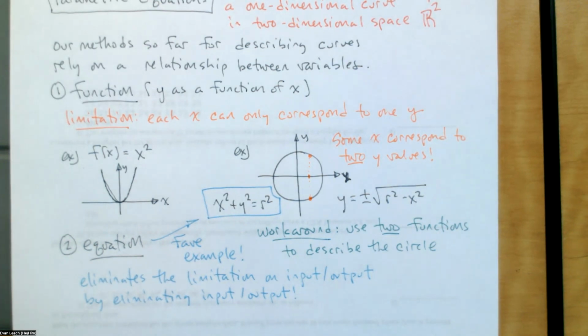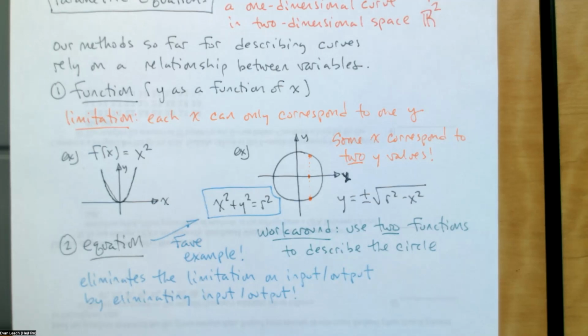We make an equation. So the nice thing is we can take these equations and we can write them as functions as long as we remember that we might not be able to write just one function, like with our circle example. We know that if we try to write y as a function of x, I'm going to need two functions, one for the top and one for the bottom.